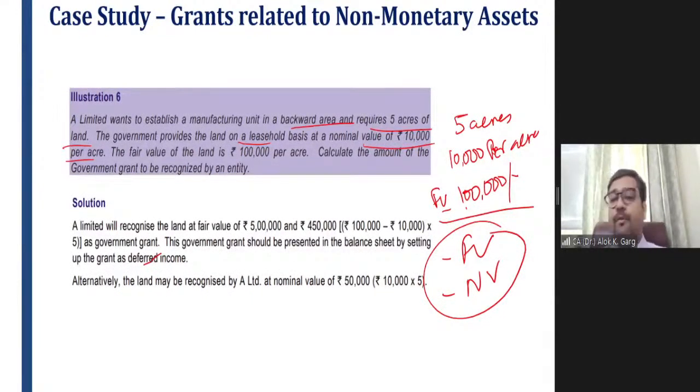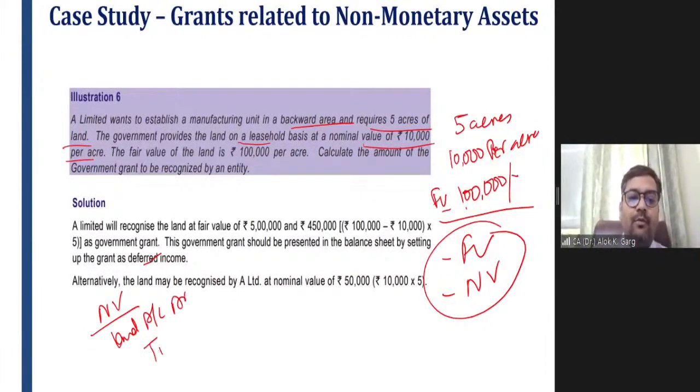Going by the nominal value approach, the accounting entry will be: land account debit to bank. To bank, of course, we are paying 10,000 rupees per acre, 10,000 into 5, 50,000.